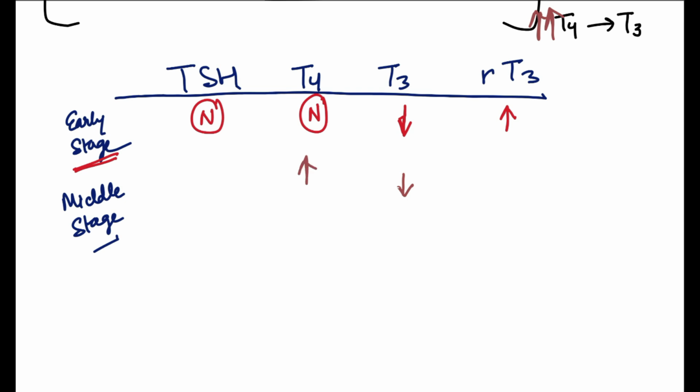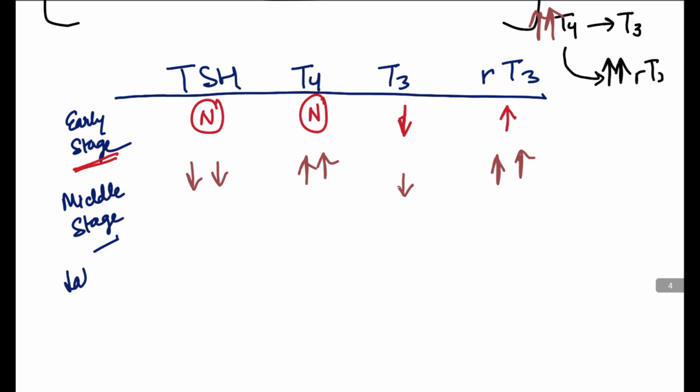This increased level of T4 decreases production of TSH by the negative feedback mechanism. That is, increased T4 inhibits the release of TSH from the pituitary. And because of increased T4, there is increased synthesis of reverse T3. So in the middle stage, there is increased level of reverse T3.